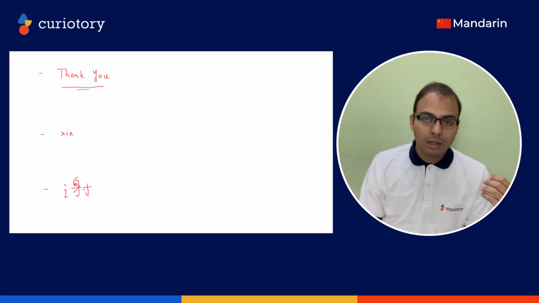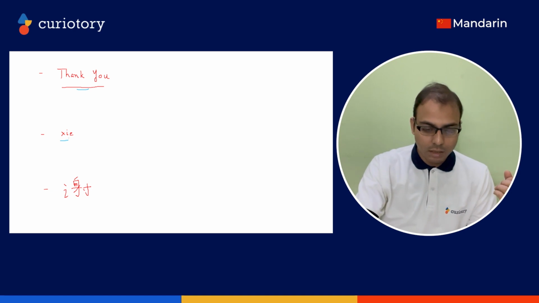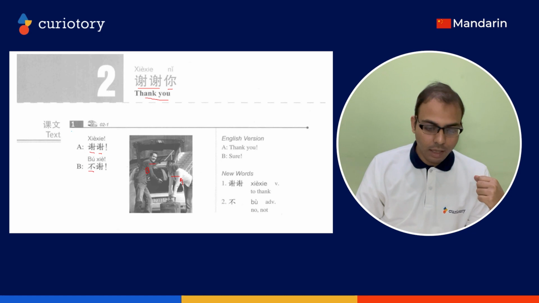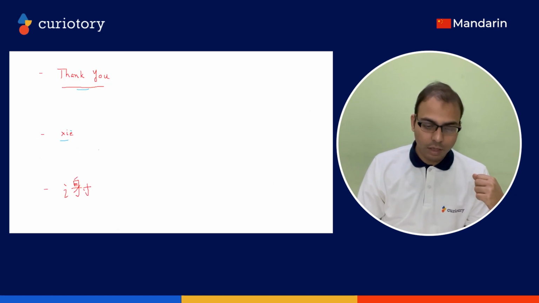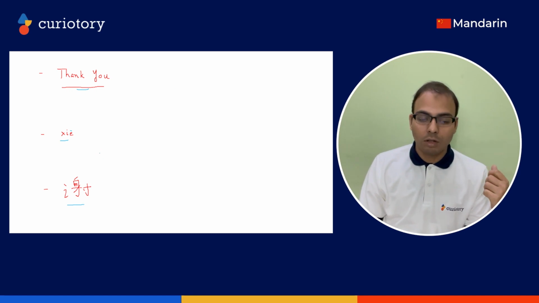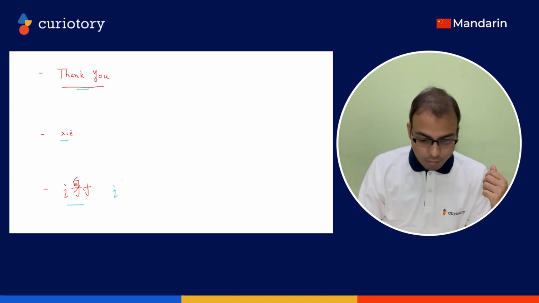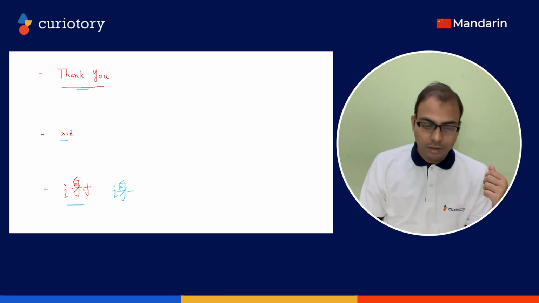Now the second aspect, the spoken part, the pinyin part, which is xie with a fourth tone, and the character is this one. So xie with a fourth tone means thank you, and this is the character.